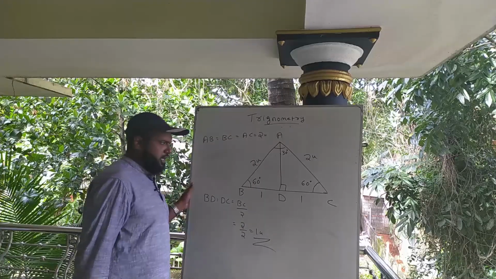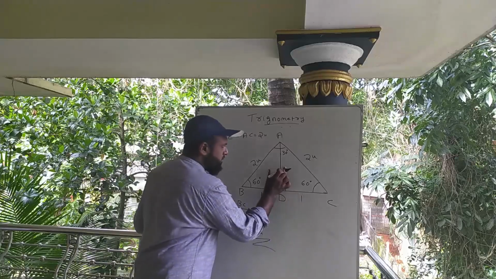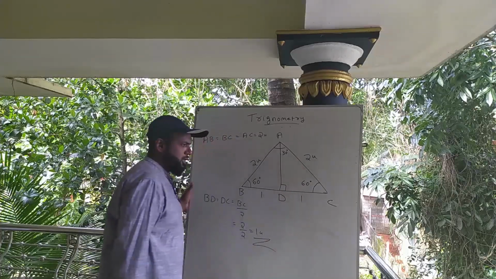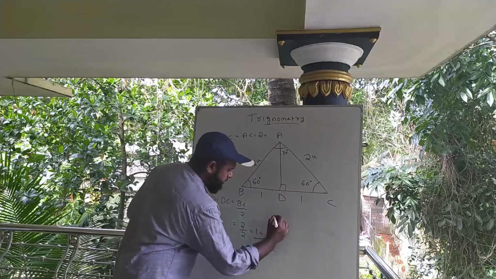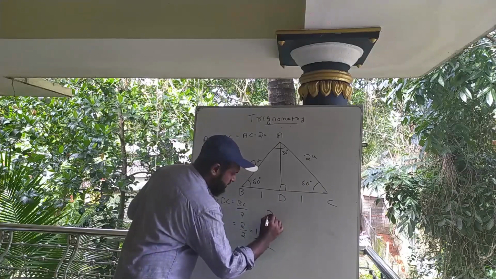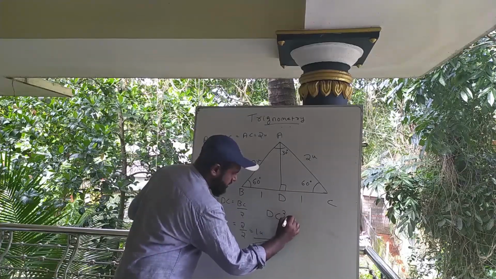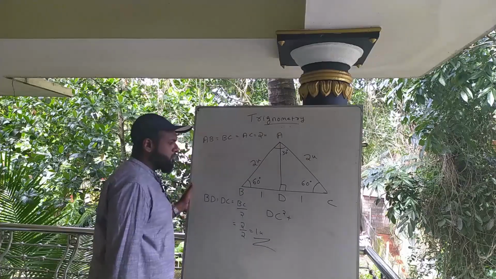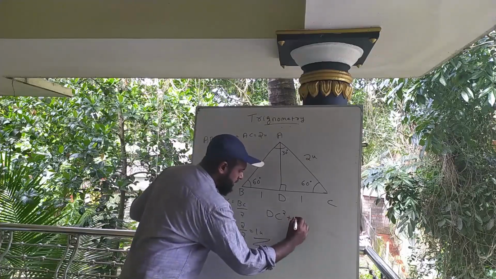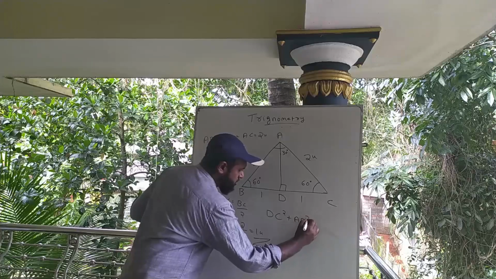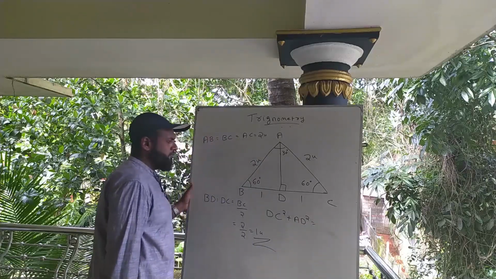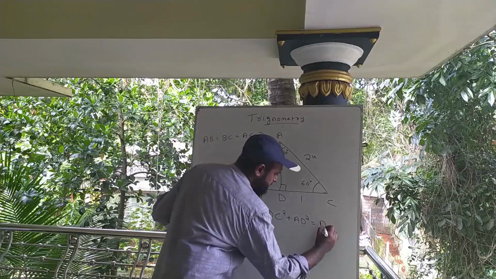According to Pythagoras theorem, base square plus altitude square equal to hypotenuse square. What is base square? DC square plus altitude square. What is altitude square? AD square equal to AC square.